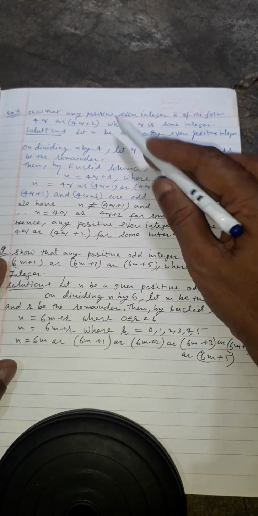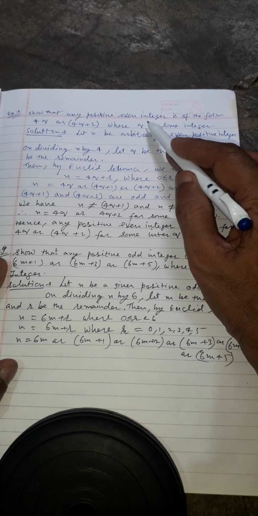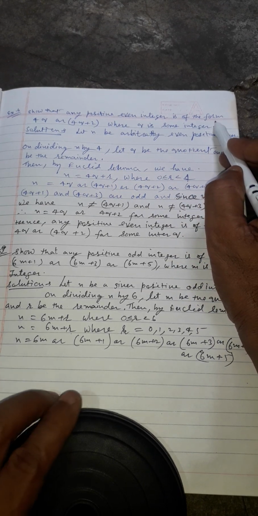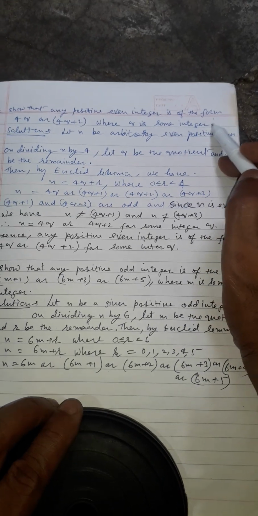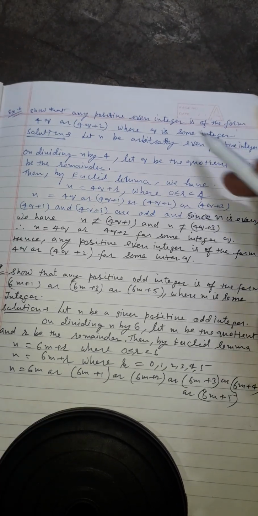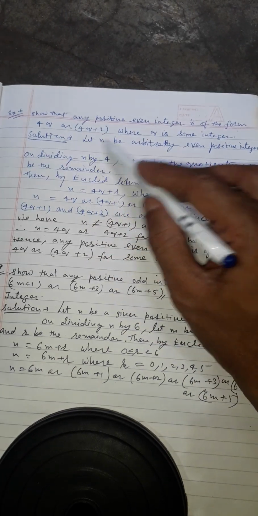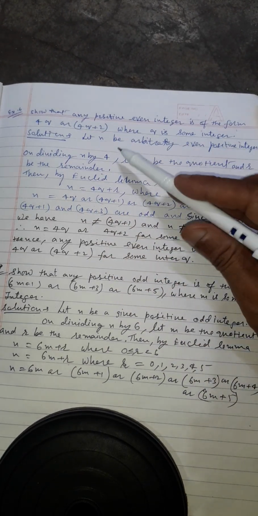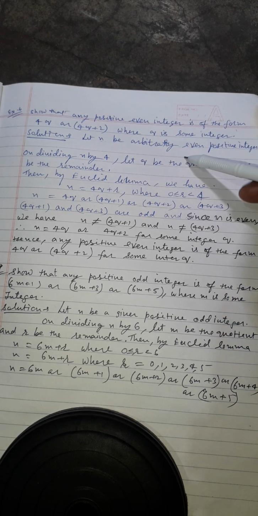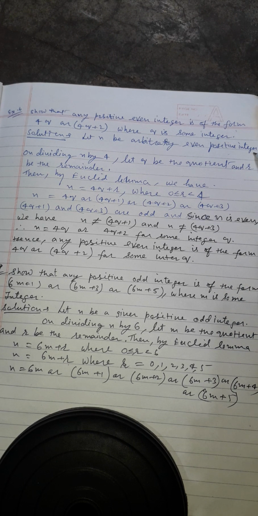Here we show that any positive even integer is of the form 4q or 4q plus 2, where q is some integer, taking n to be an arbitrary even positive integer. Why do we take this?